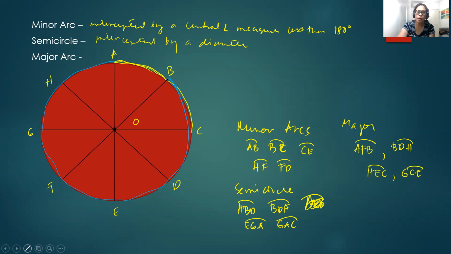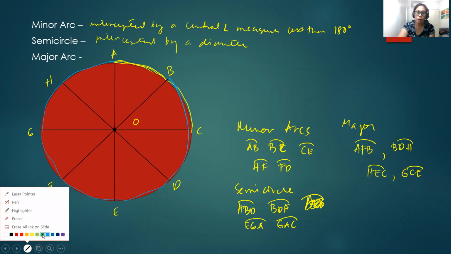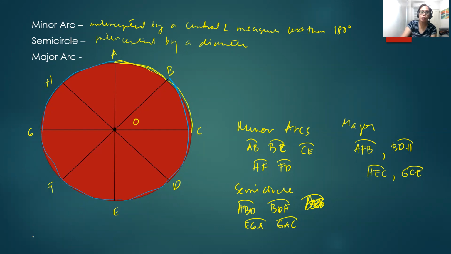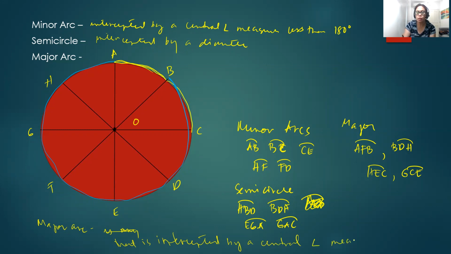We define a major arc as any continuous part of the circumference of a circle that is intercepted by a central angle that measures greater than 180 degrees.